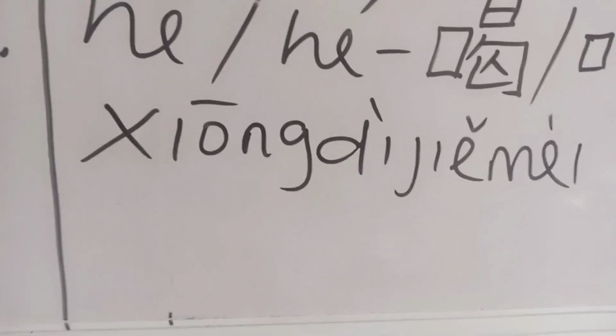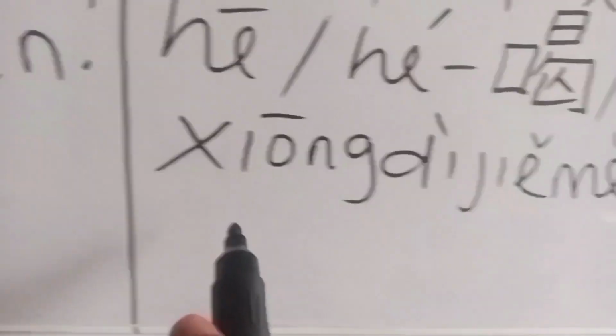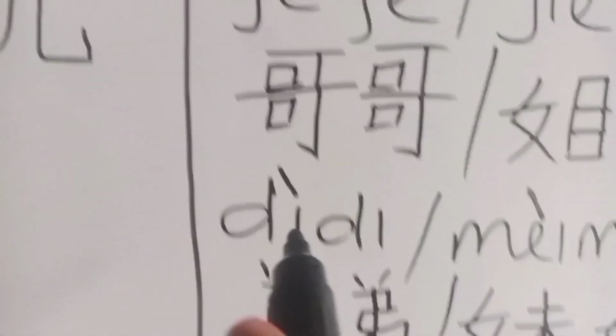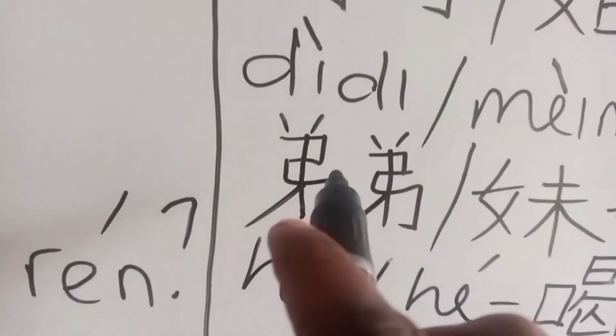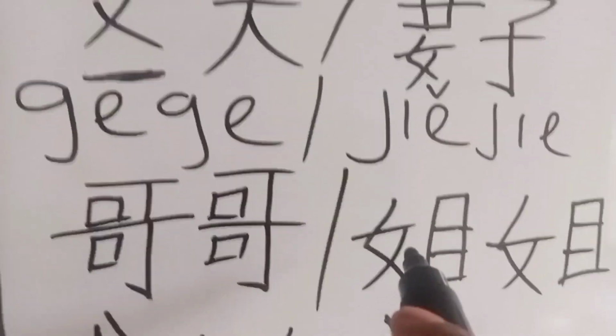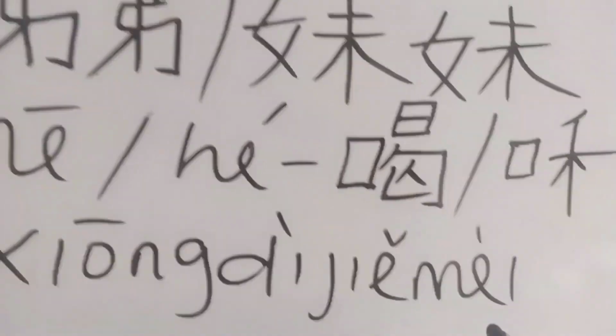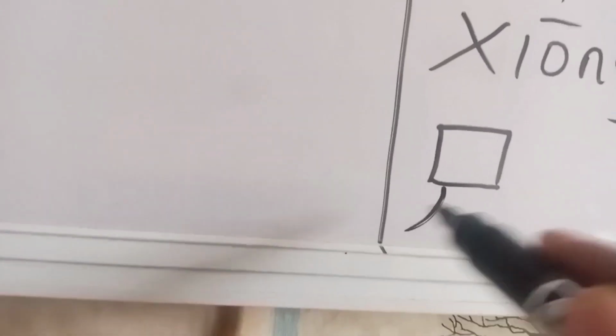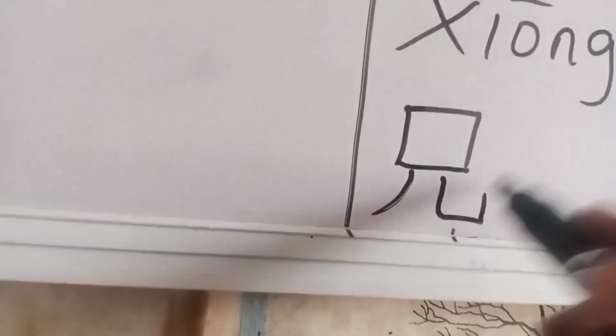Then 兄弟姐妹. After writing 兄, this di is the same as this didi. You take one of it and write. This jie is the same as this jie. You just write one. This mei is the same as this mei here. You just write one. So the new one we'll be writing will be xiong. The others are not new. This is how to write xiong.